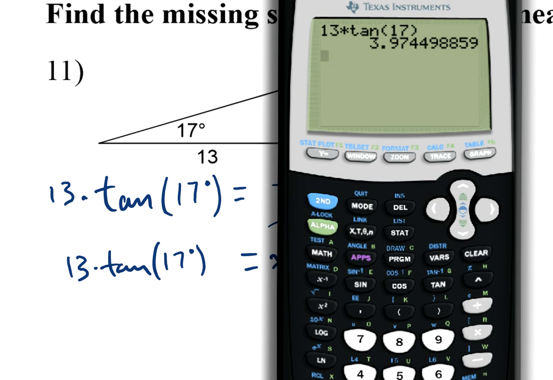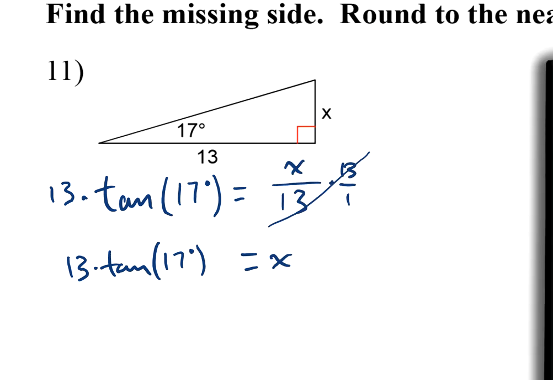So if I'm looking at 3.97 and I'm rounding that to the nearest tenth, that 7 is going to kick up the 9, and therefore that's going to be a 10, so that's going to kick up to the ones place. So to the nearest tenth, x should equal 4. Let me write this down here.